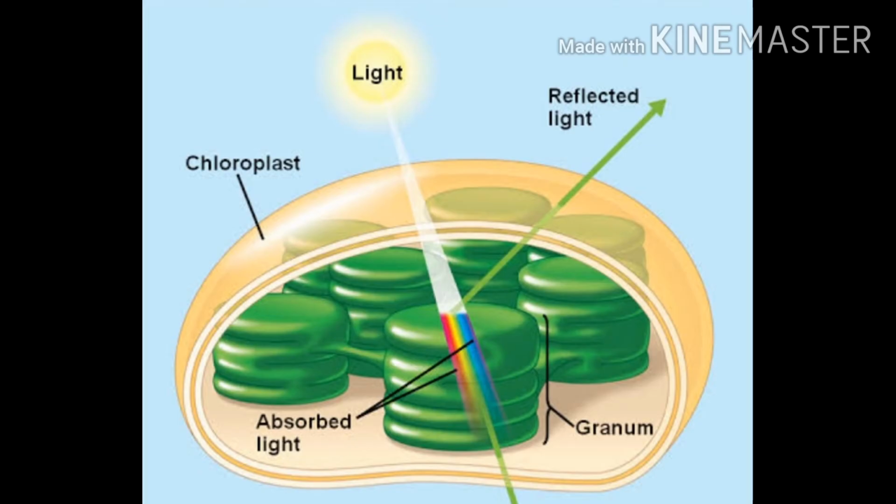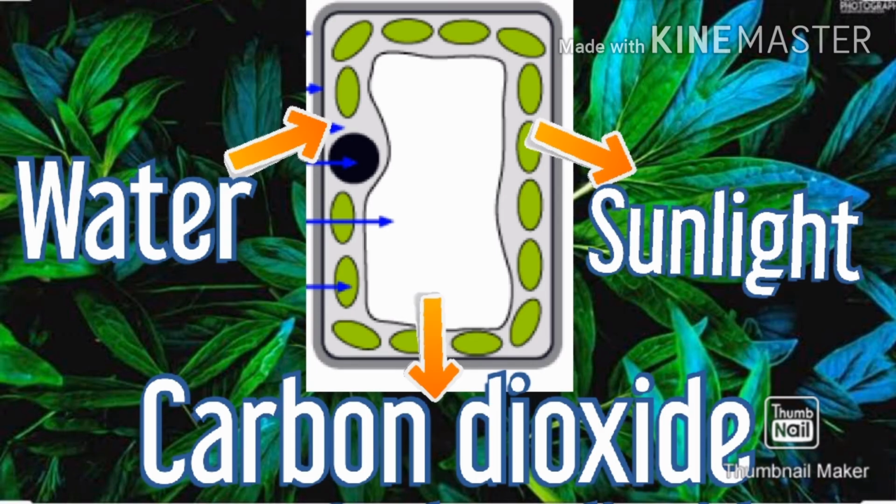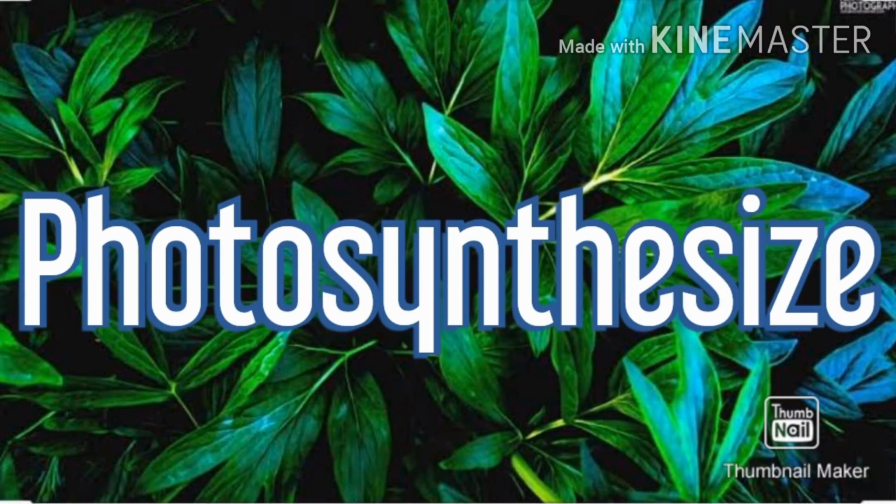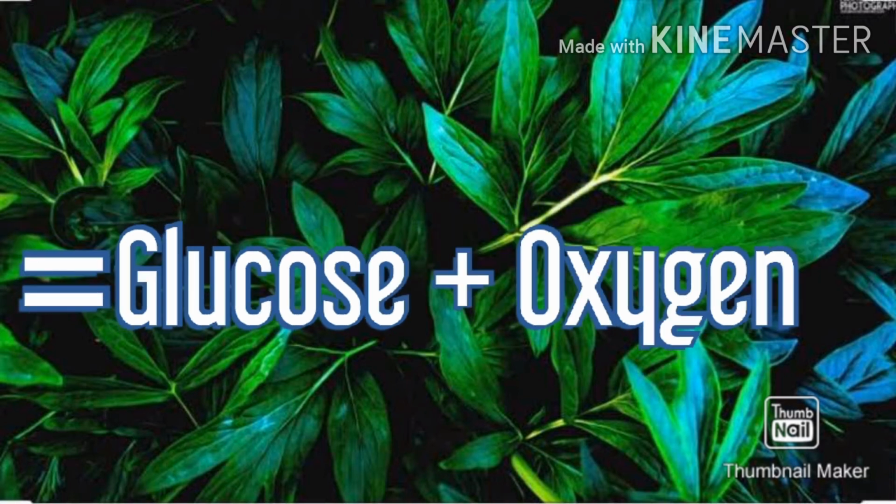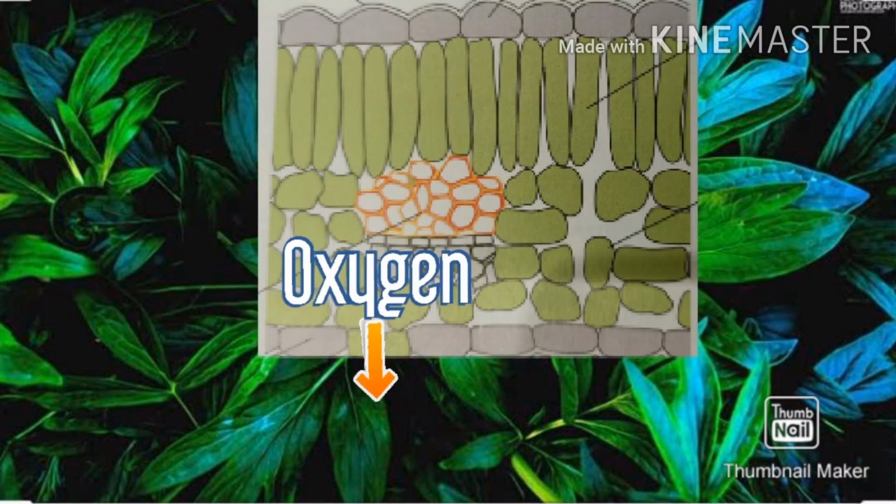Chlorophyll absorbs sunlight. Now that all the things needed for photosynthesis are collected in the plant cell, the cells photosynthesize. This leads to the production of oxygen and glucose. The oxygen is released through the stoma into the air.